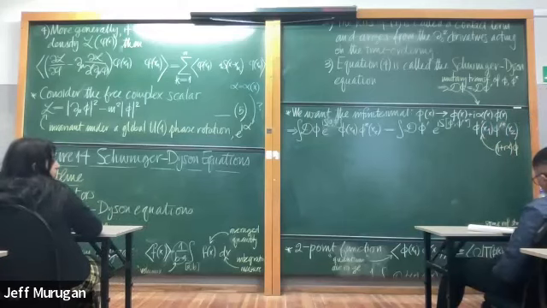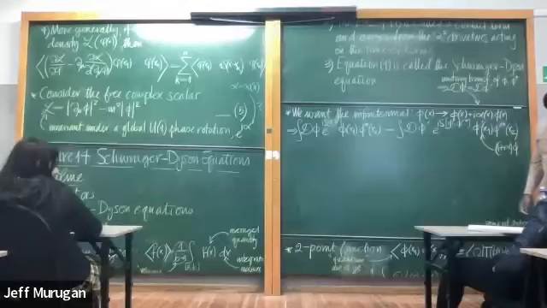So I'm going to leave the details out here, partly because we're running out of workspace and partly because we're running out of time as well. But we do the same thing. We expand to linear order in alpha.